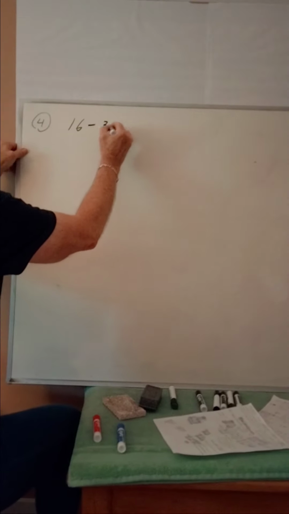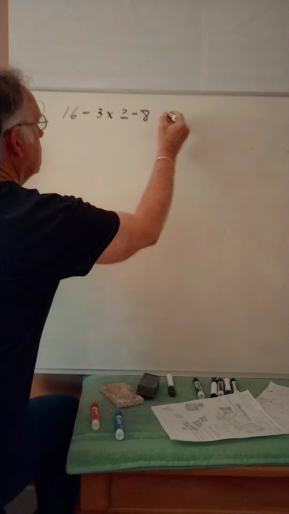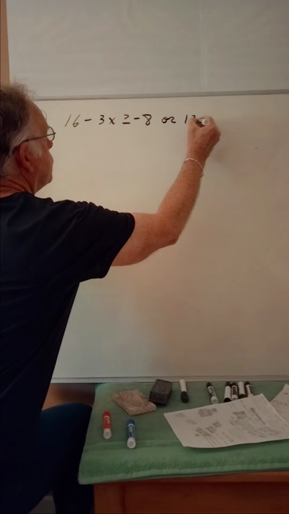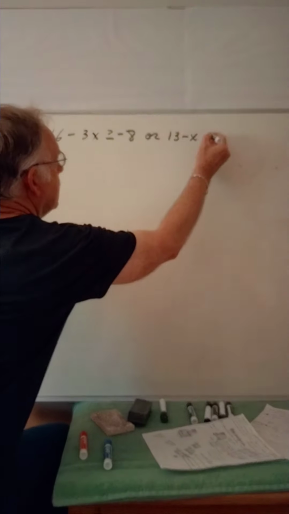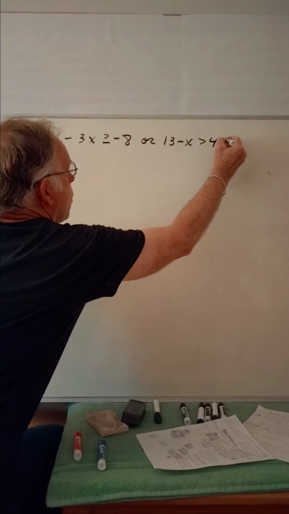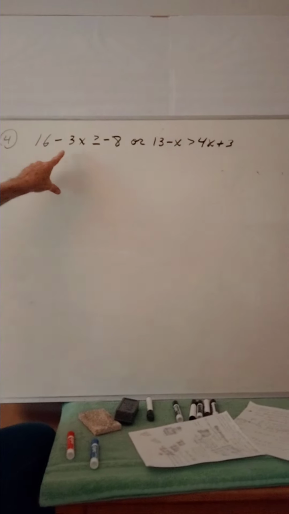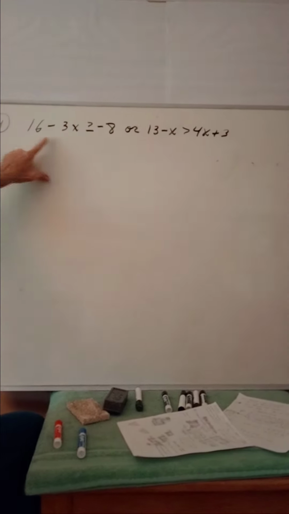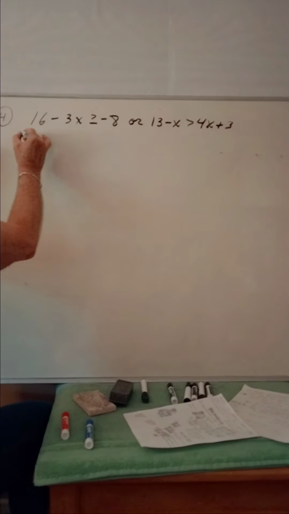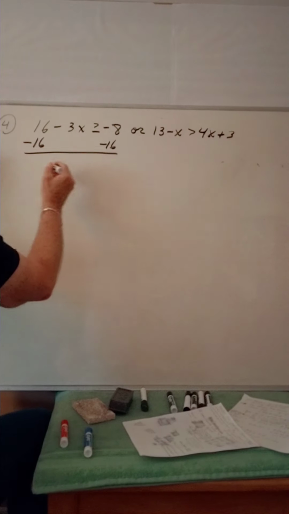16 minus 3x is greater than or equal to negative 8, or 13 minus x is greater than 4x plus 3. Let's go to this one right here. Get rid of that 16. Negative 16, negative 16.